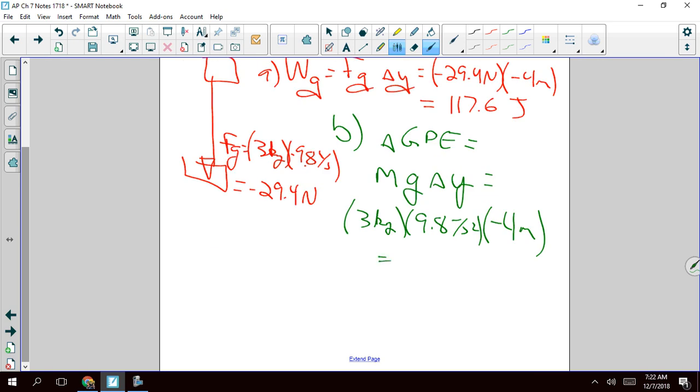And so when you multiply, you get negative 117.6 joules. So the idea is we lost gravitational potential energy and we exchanged that for work done by gravity. This is why we call it a conservative force. We're taking that energy that is stored as gravitational potential energy and saying that it can do work.